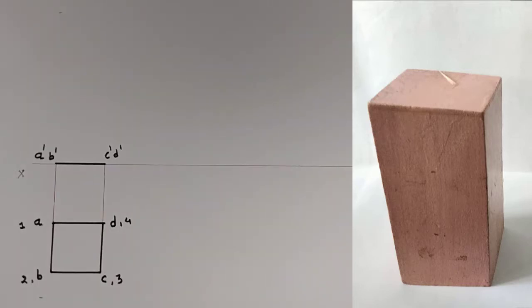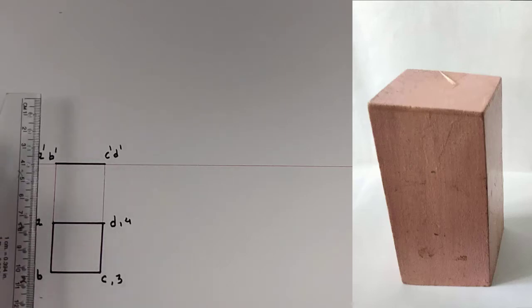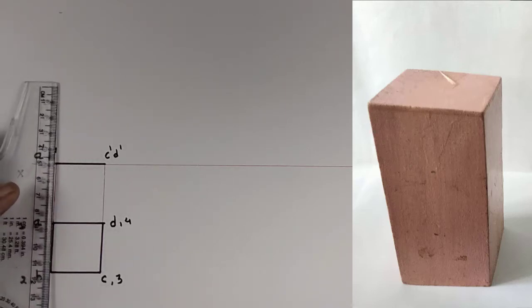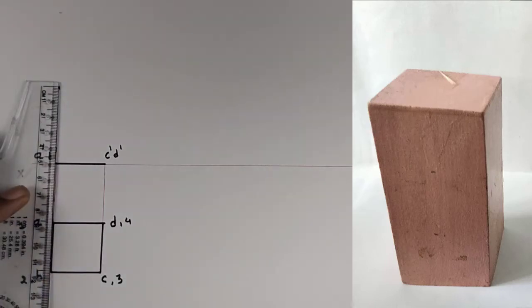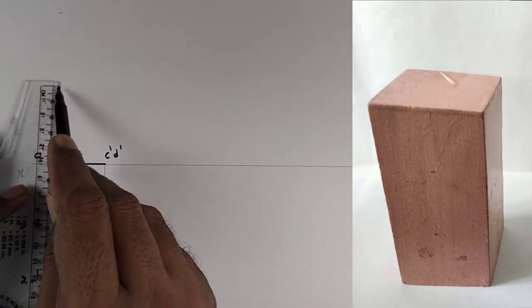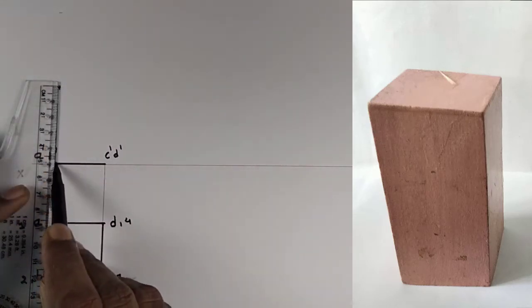Now the height of the solid square prism, it is given 50 mm. So we take the 50 mm height from the XY line.